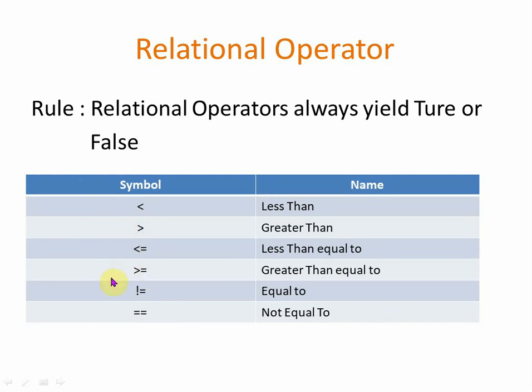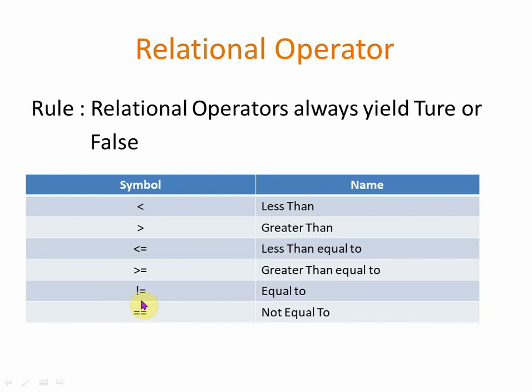Here I had just made a mistake. This must be here and this must be here. Okay, corrected. This is not equal to and this must be equal to. This symbol we call equal to, and this we call not equal to.